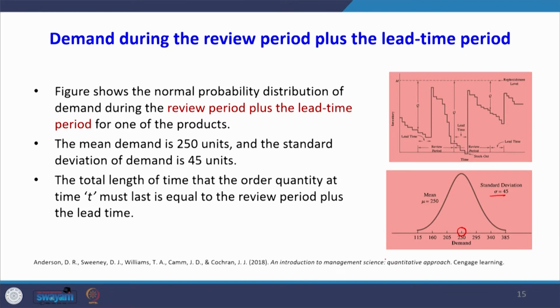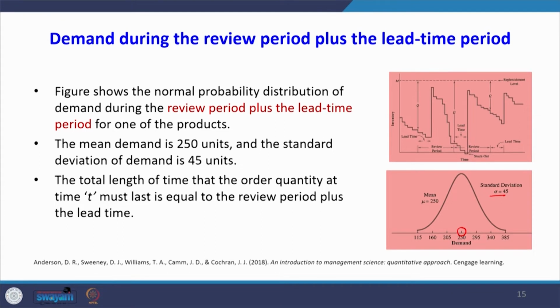When you recollect the previous class, only the lead time demand was given, because we assumed it follows a normal distribution, which is a good approximation. But here we are considering the demand during the review period plus lead time.